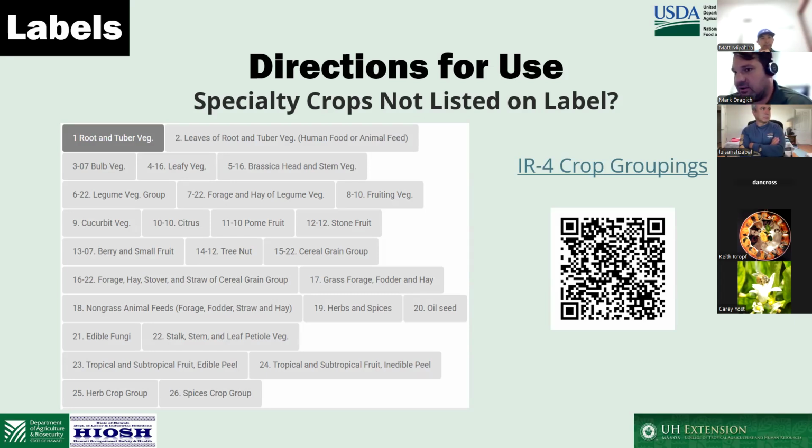The IR4 team here gets registrations for these crop groups, so you have product options. If you don't see coffee on there, for example, I don't know exactly which crop group it's in, but if you see something that looks like it, you can scan this QR code, go to the IR4 crop grouping, and they'll have a full list of all the crops that are allowed within that crop group.